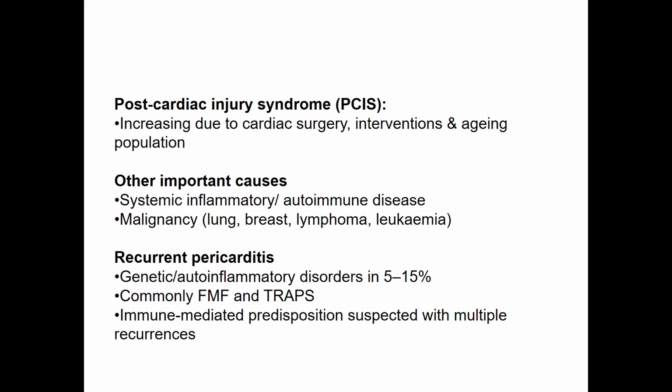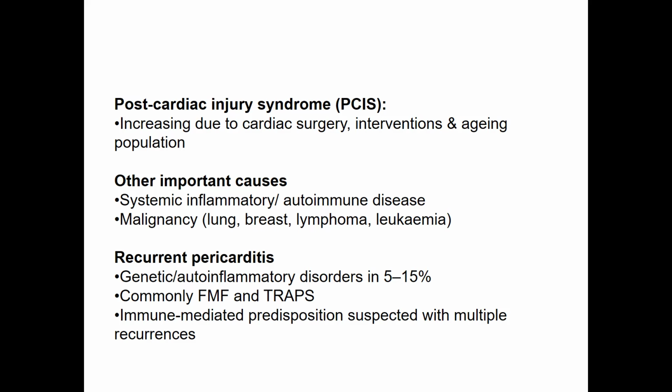And there is one important note, something mentioned for the first time in the 2025 guidelines, which is about recurrent pericarditis. They found that there is a lot of genetic association with autoinflammatory disorders in recurrent pericarditis, with a frequency of 5 to 15%.